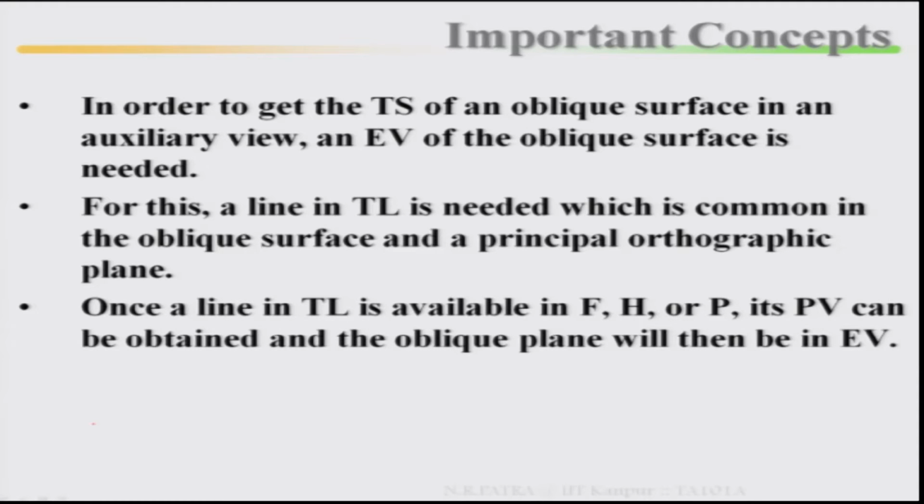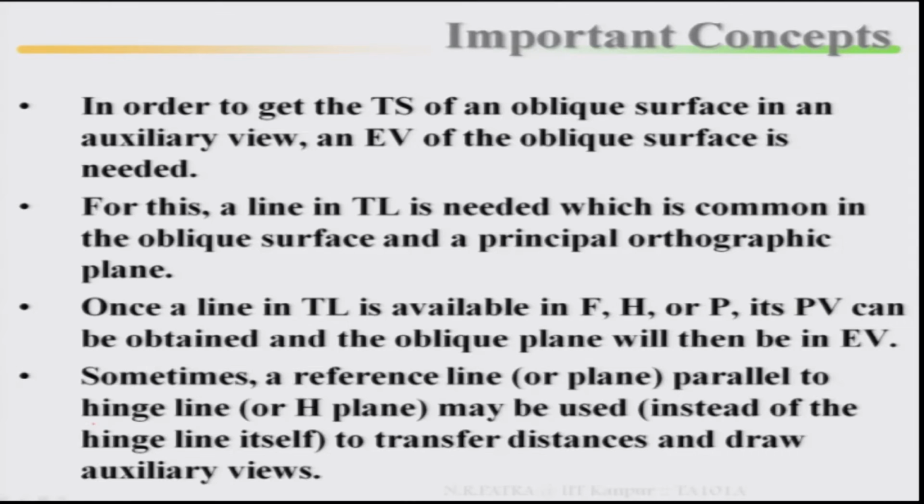Once a line in true length is available in frontal, horizontal or profile, its point view can be obtained and the oblique plane will then be in edge view. Sometimes a reference line or plane parallel to the hinge line, or H line, H plane, may be used to transfer distances and draw auxiliary views.